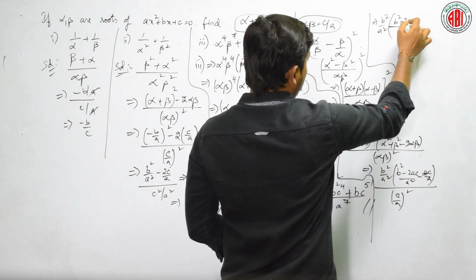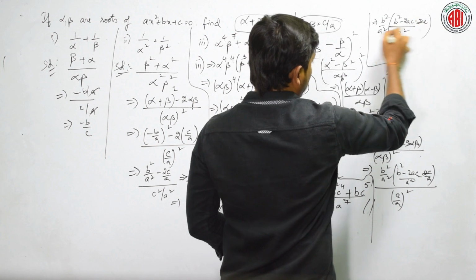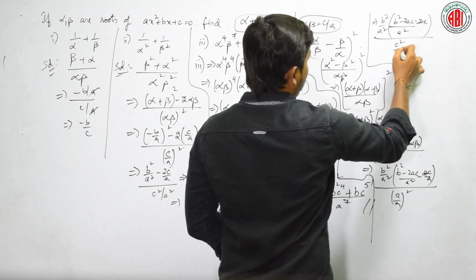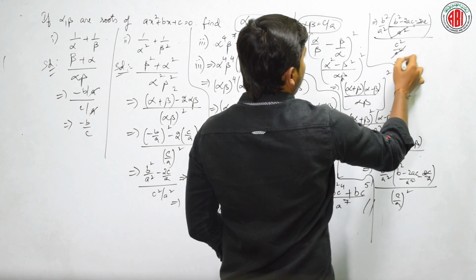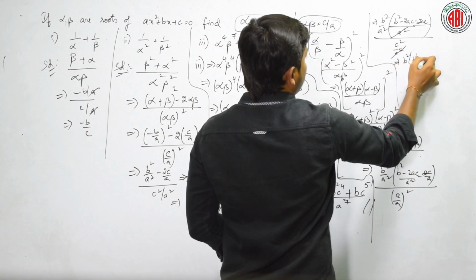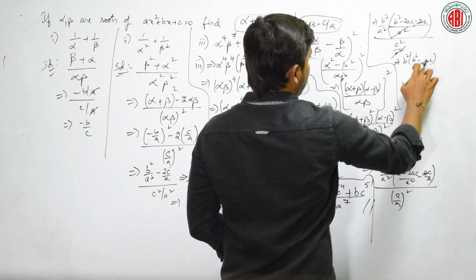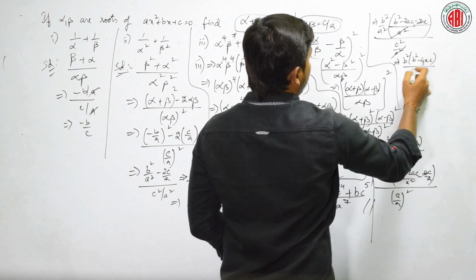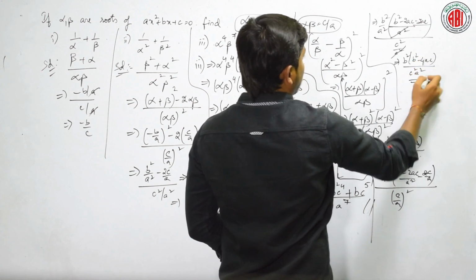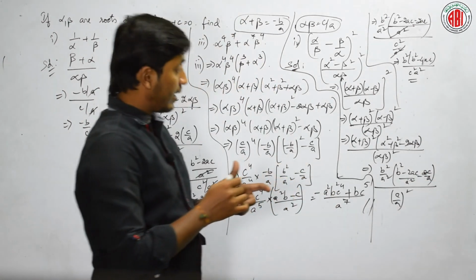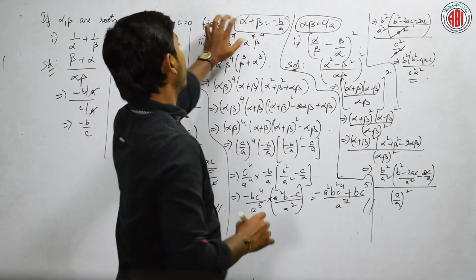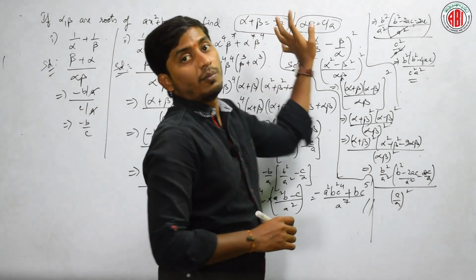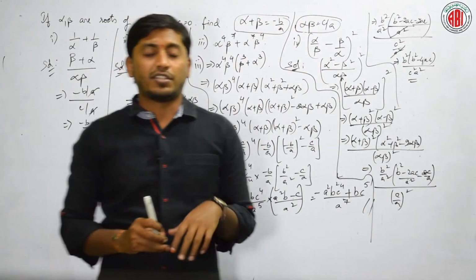B square minus 2ac minus 2ac, whole divided by c square by a square. We can cancel one a square. What do we get? B square into b square minus 4ac by c square a square. Is it right? Is it not easy to solve? The only thing is we have to know these two formulas. Clear? Shall we move on to the next problem?